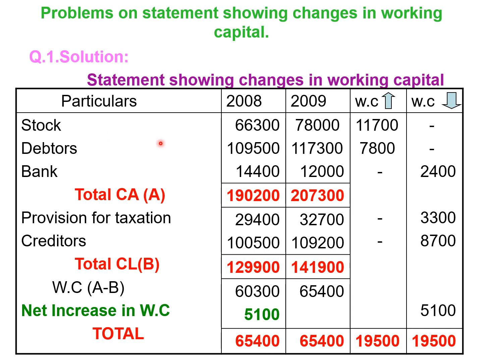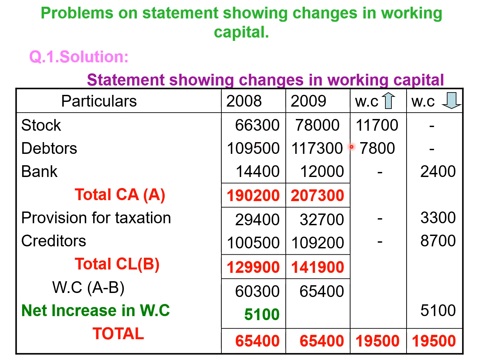Students, last year stock is 66,300, current year is 78,000. Stock is nothing but what we call stores. Stores can also be called stock. Last year 66,300 and current year 78,000.